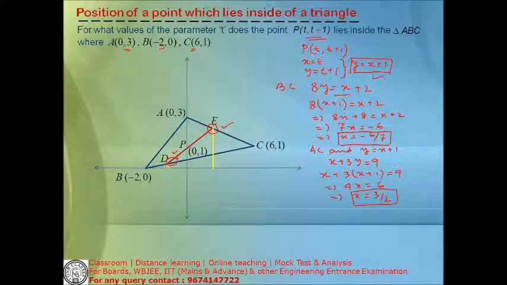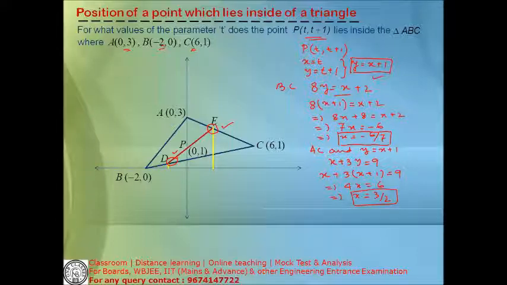Now you see the point (t, t plus 1) is any point on this segment, on this straight line which is inside the triangle. So t is basically the abscissa of that point.